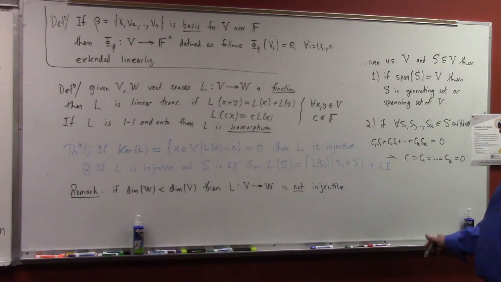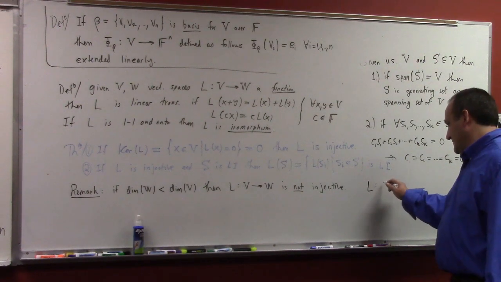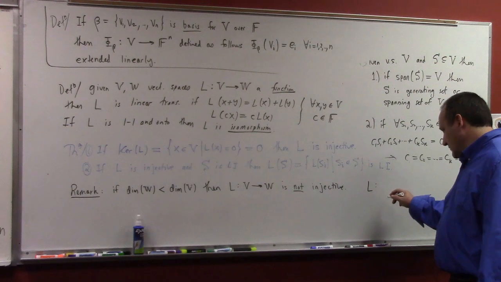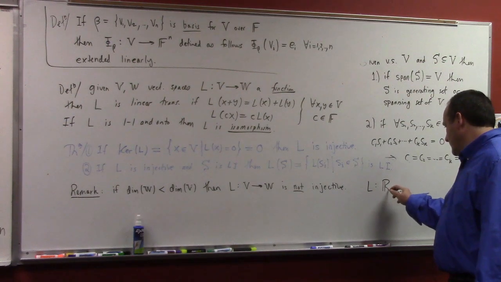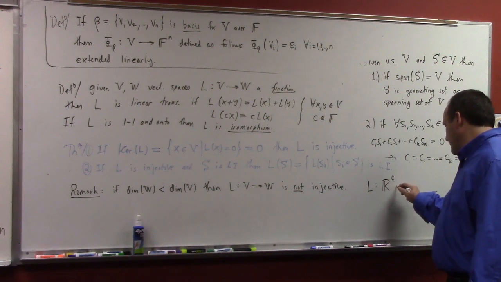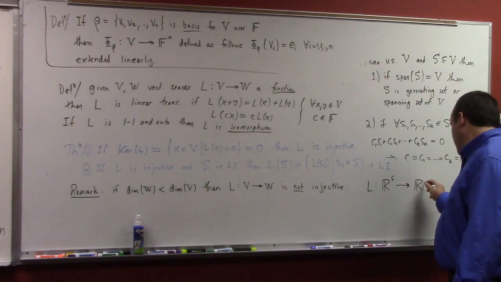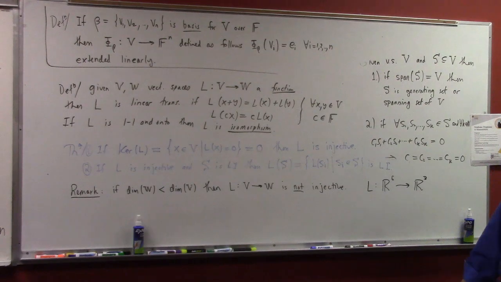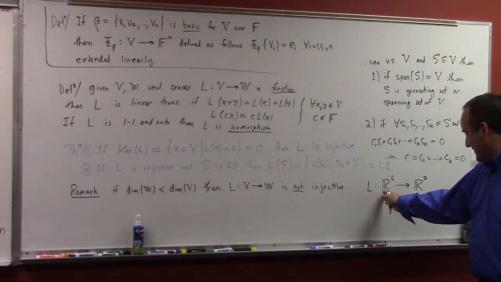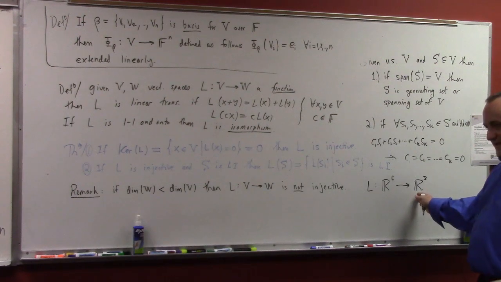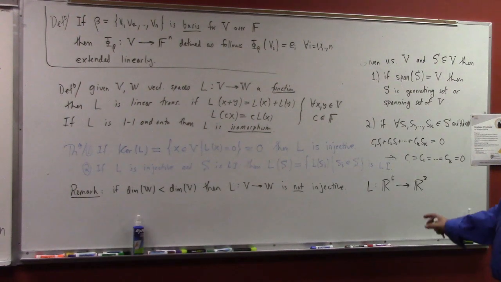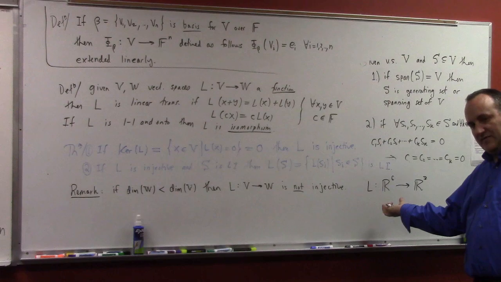You can have L from R6 to R3, and they could bury you with a bunch of formulas and then ask, is L injective? But all you need to do is look at it and go, 6, 3. No, it can't be injective.